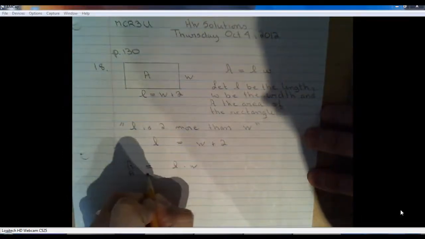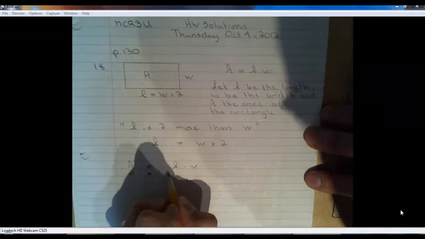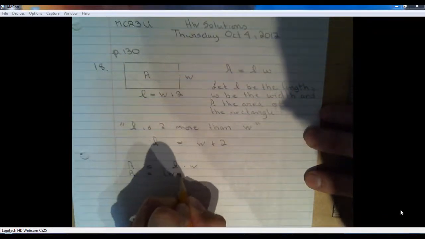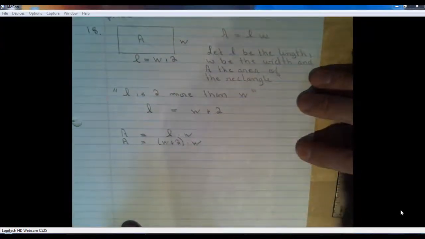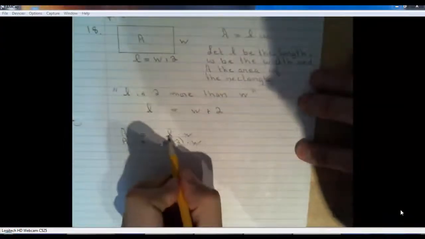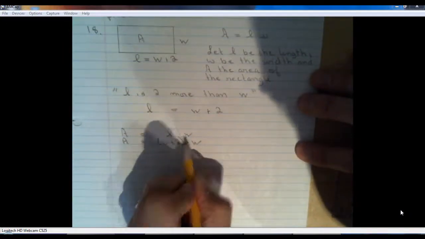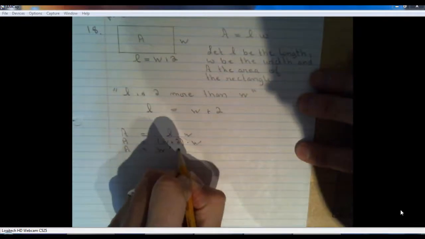The area is now only going to be written in terms of width, so we replace the length with W plus 2, times W. Let's expand here by distributing. And here is W squared plus 2W.